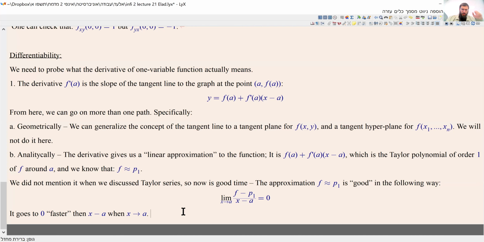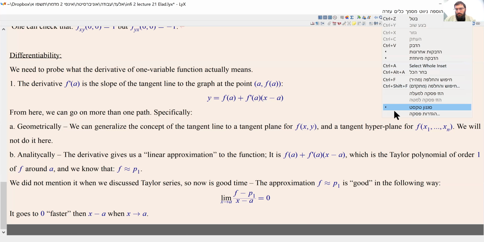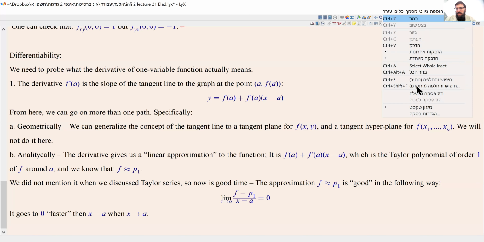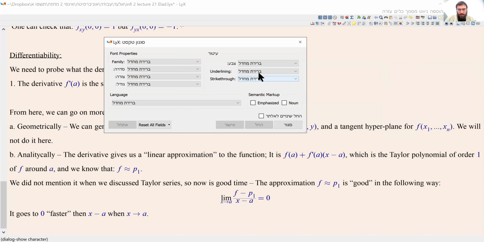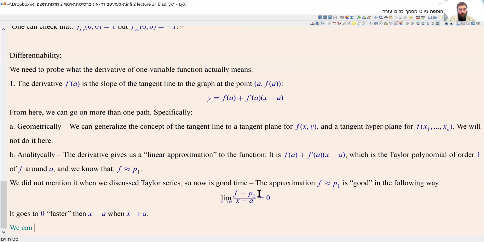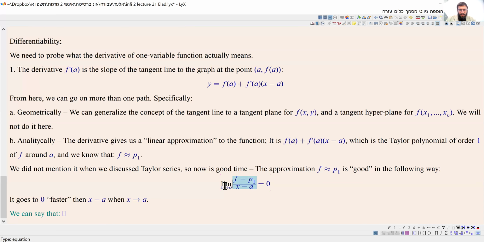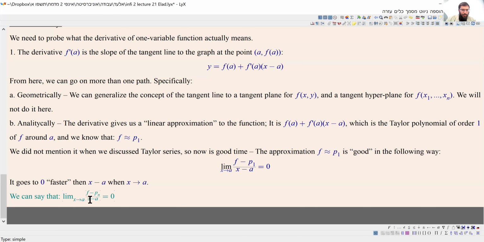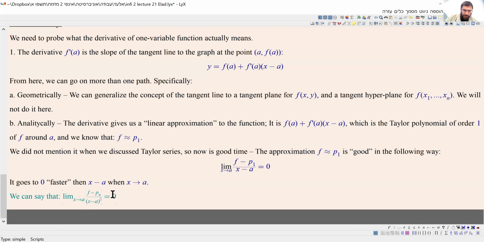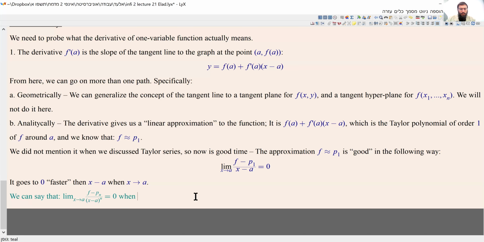Okay, now we can say that, generally speaking, the limit of (f minus Pn) over (x minus a) to the power of n is 0 when x goes to a.